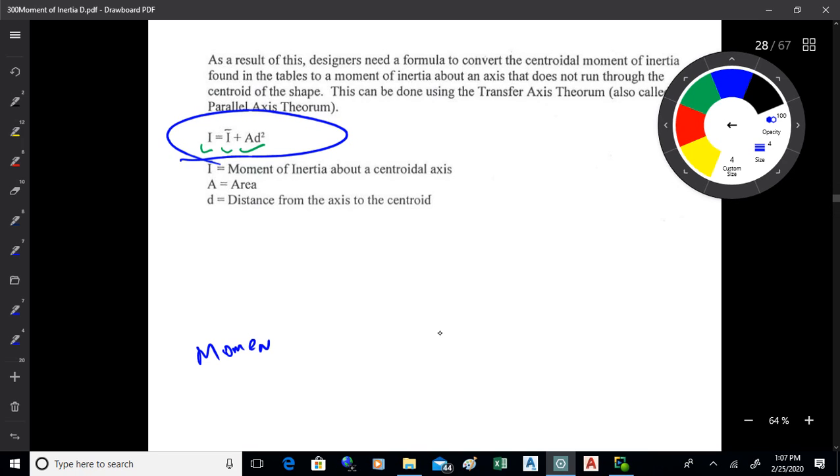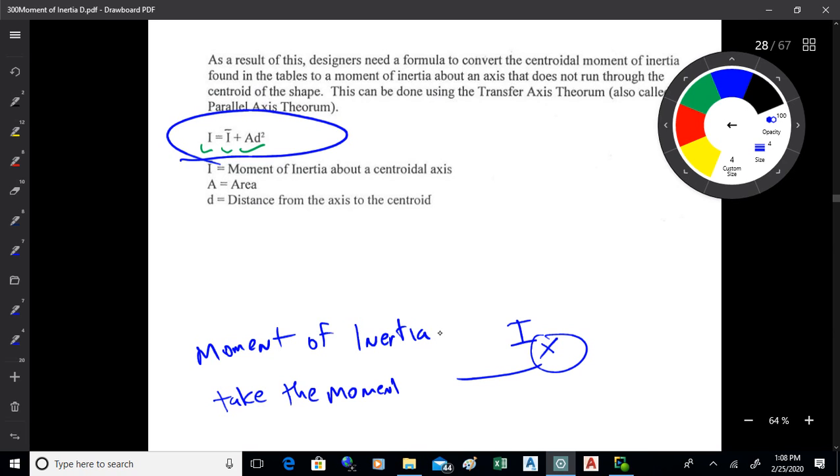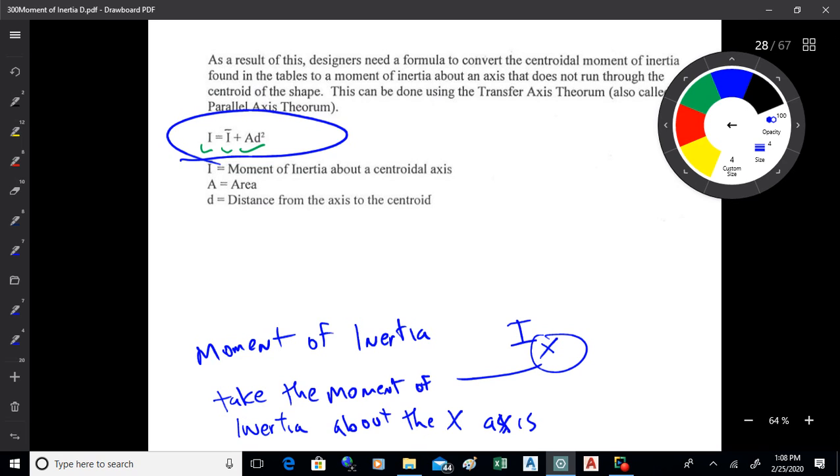All right, one other thing I should mention while I'm thinking about it has to do with the nomenclature, the way you name things. The x here means take the moment of inertia about the x-axis, which means a lot of the measuring you're doing for the offset distances is actually in the y direction. But you're taking the moment of inertia about the x-axis.